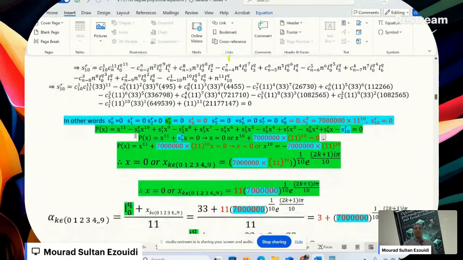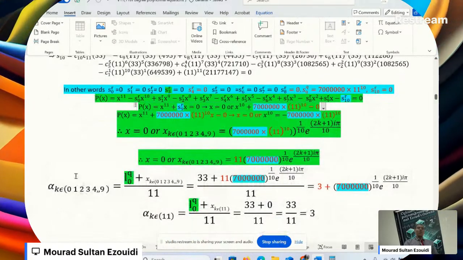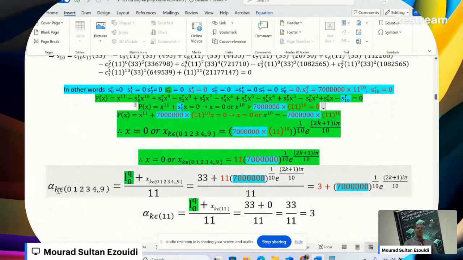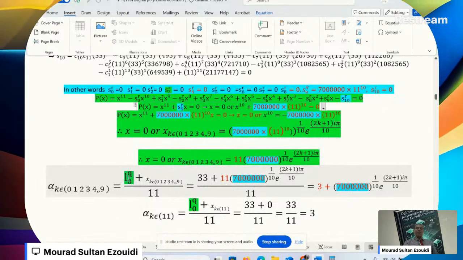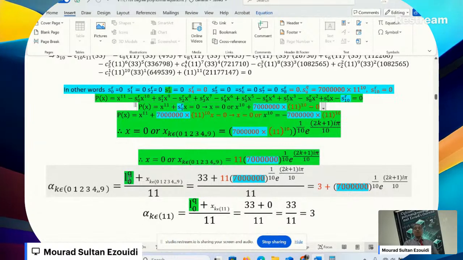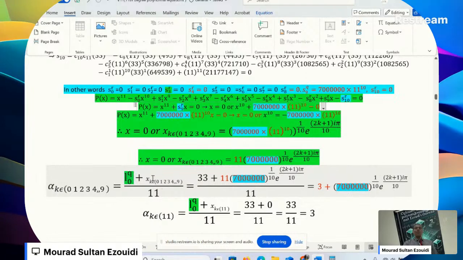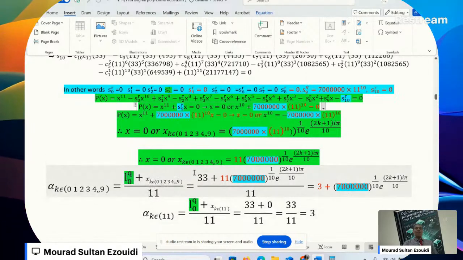Now, my kids, it's easy. The roots of your original 11 degree equation that we started with, alpha_k for k from 0 to 9, is a0 over the first and second coefficient of your original equation, which is 33 in fact, plus the x roots of your new 11 degree equation, divided by n, which is 11 because the highest power is 11.